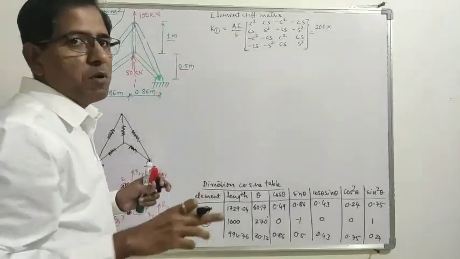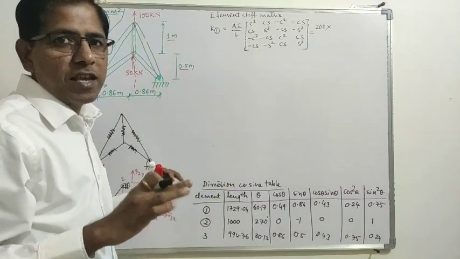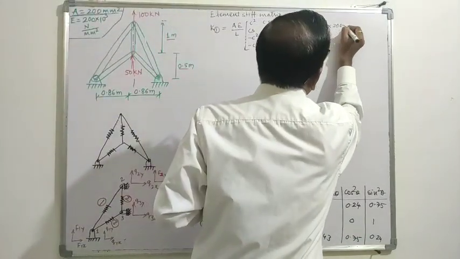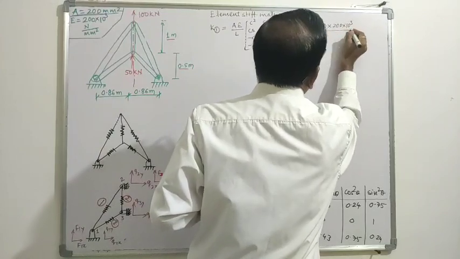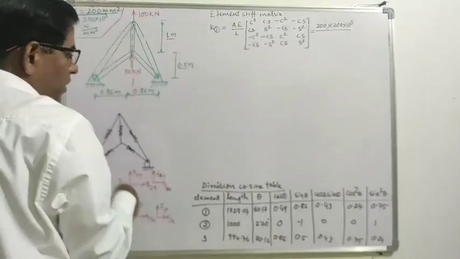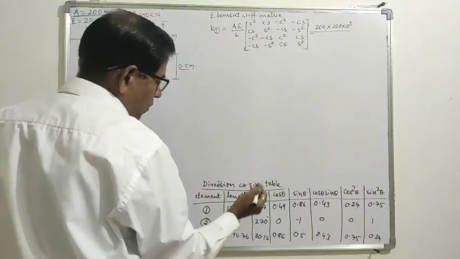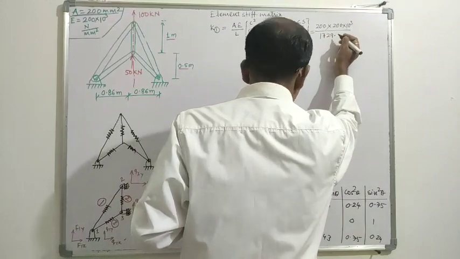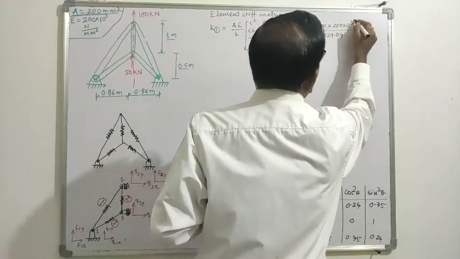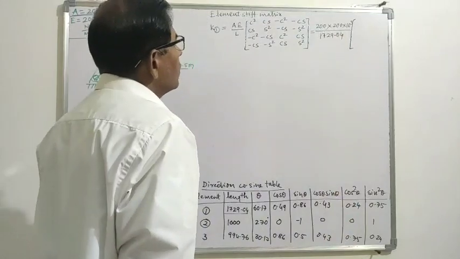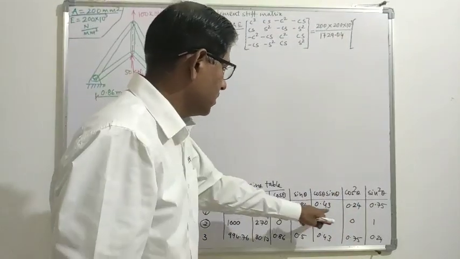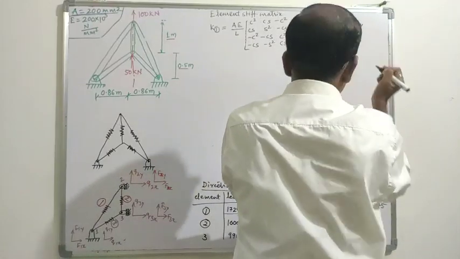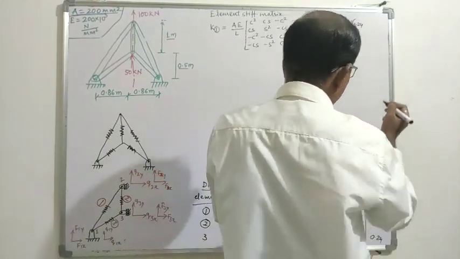All the members are made up of the same material, so it will have the same value of E. So it is 200 into 10 to the power 3, divided by the length of the first member, 1729.04. Then C square value is 0.24, CS value is 0.43.